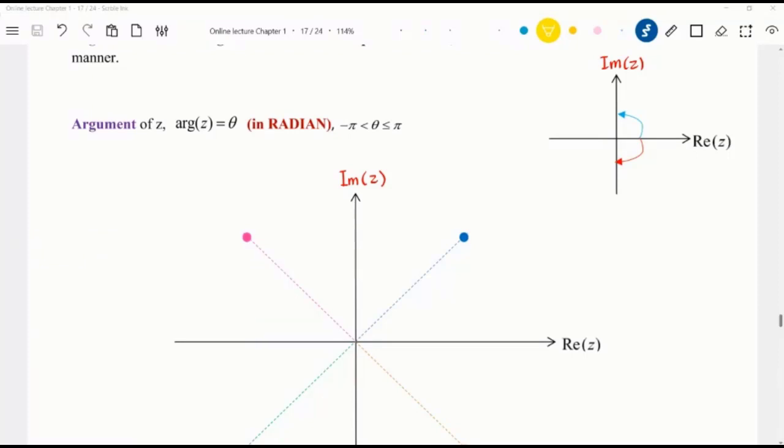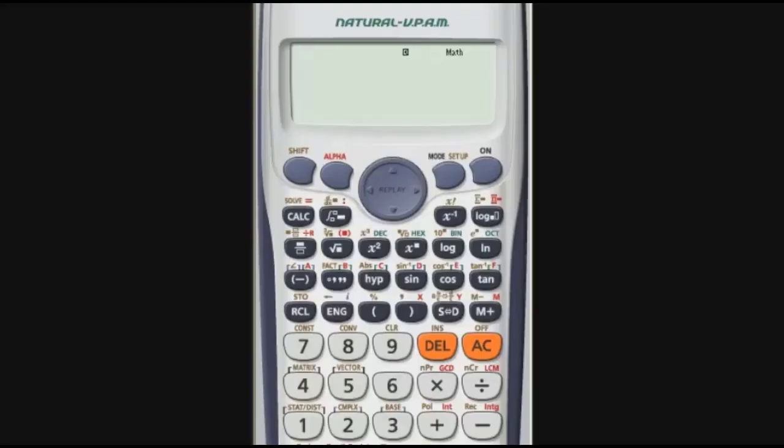Okey, kalau tak tahu saya boleh tunjuk kejap. Saya tutup yang ni dulu. Saya tunjukkan kalkulator sekejap. Okey. Nampak tak kalkulator saya? Okey, macam mana nak tukar kepada mode radian? Okey, yang atas ni adalah mode.